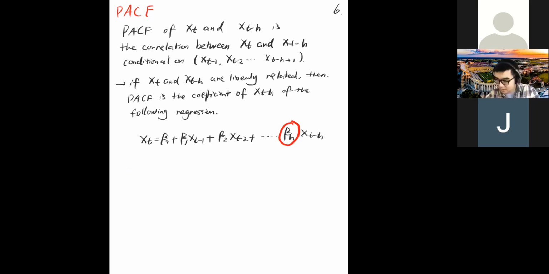So that's the PACF, and we also have a property of the PACF. It's the asymptotic theory of the PACF, just as for the ACF.